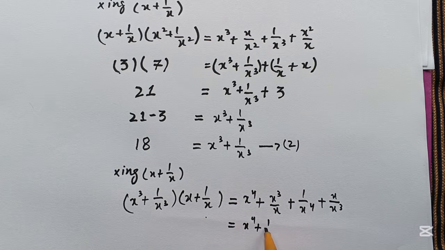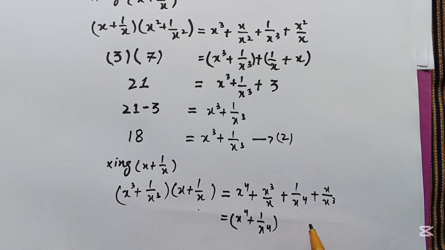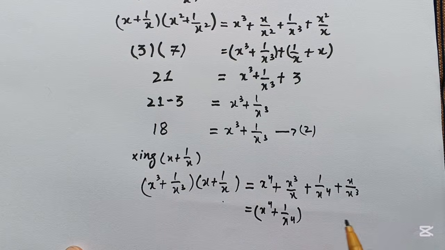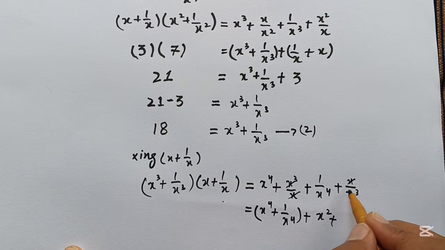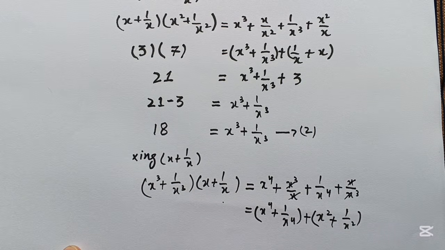Now x power 4 plus 1 over x power 4 combining, and plus x and x cancel, so remaining is x square, plus x and x cancel, and remaining is 1 over x square.